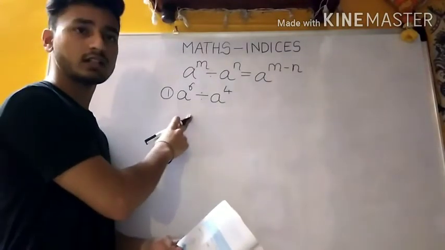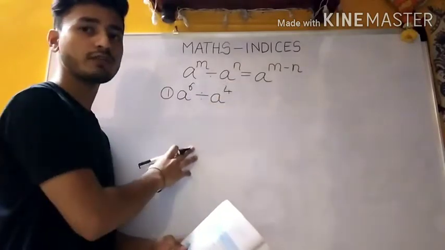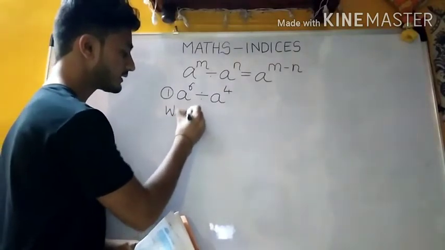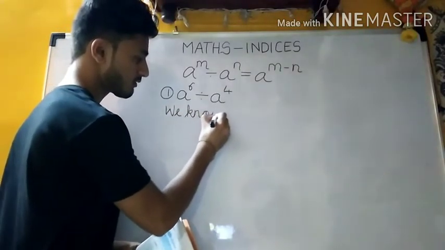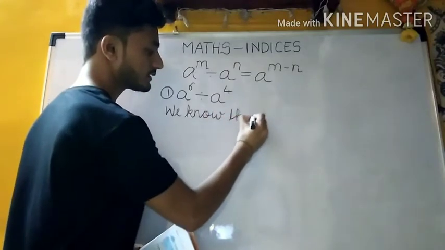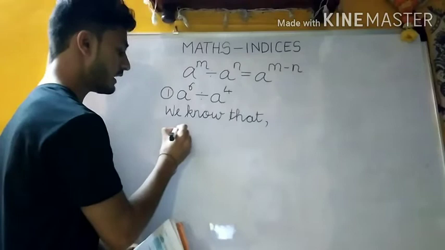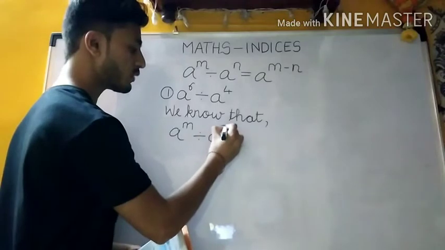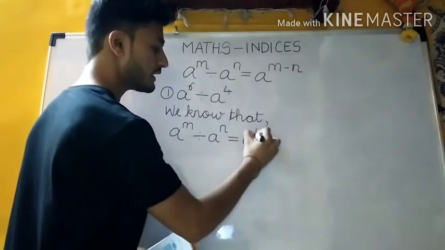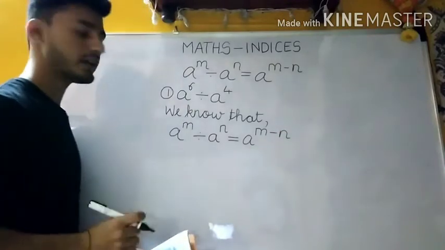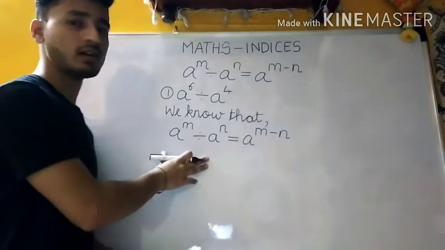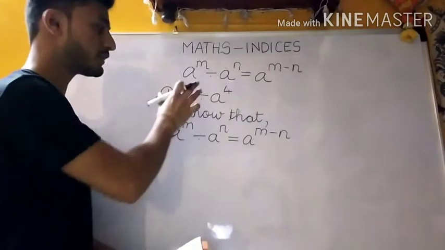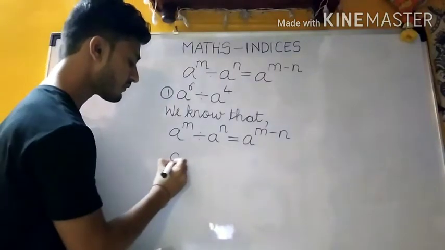Before that, it is compulsory for you to mention the law which you are going to use. So we will write, we know that a raised to the power m divided by a raised to the power n is equal to a raised to the power m minus n. Now we write our question in the form of the formula.